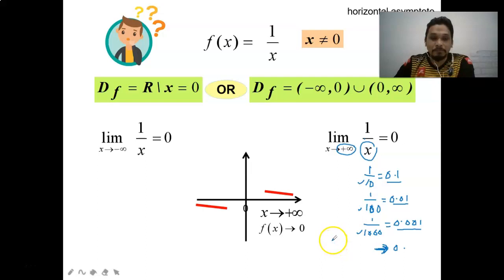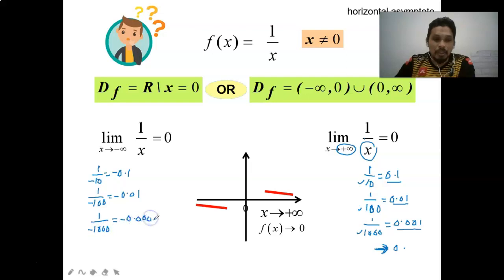And also here, x is getting smaller, or negative infinity. So let's say 1 over negative 10, which is negative 0.1. 1 over negative 100 equal to negative 0.01. And 1 divided by negative 1000 equal to negative 0.001.